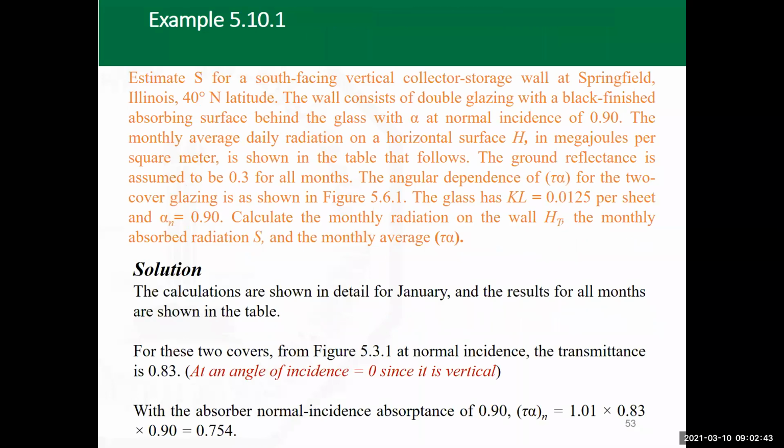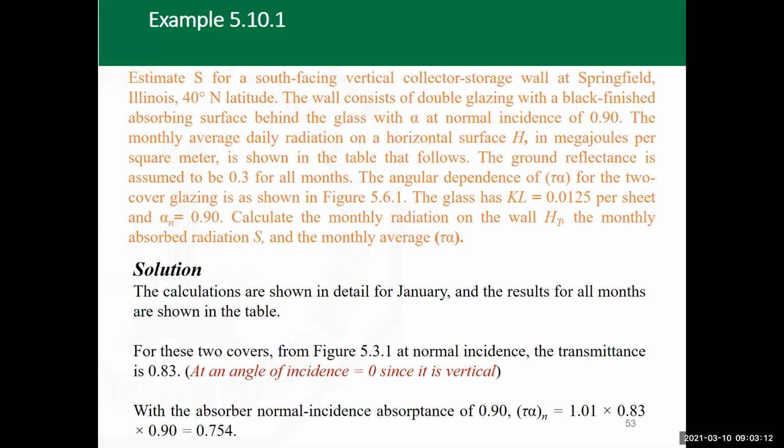This is an interesting, comprehensive example that is going to make us use most of what we have covered earlier in the different chapters. The example is to estimate S for a south-facing vertical collector storage wall at Springfield, so gamma is equal to 0 here. We are talking about a vertical collector, so the value of beta is equal to 90.